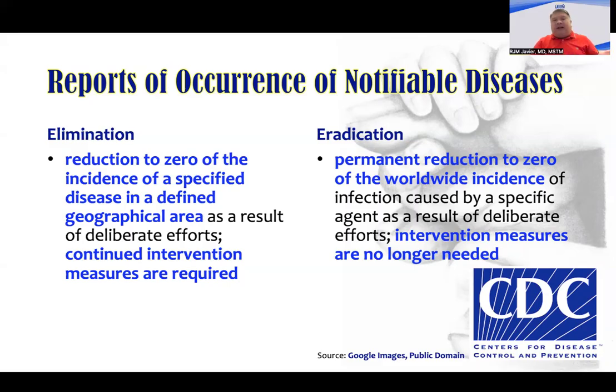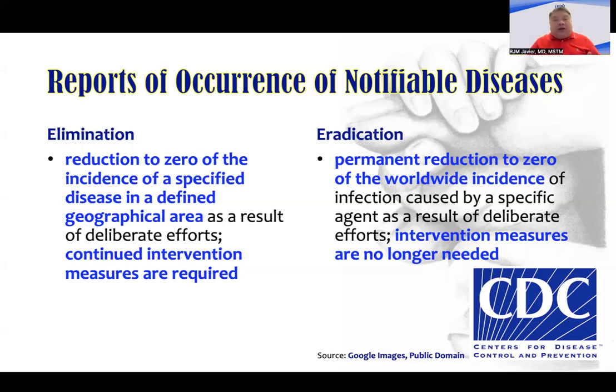So, what's the difference between elimination and eradication? Both will yield zero incidence. The main difference, as defined by the Centers for Disease Prevention and Control, is that for elimination, you need to have deliberate efforts to maintain and sustain that zero incidence. Again, elimination refers to reduction to zero of the incidence of a specified disease in a defined geographical area as a result of deliberate efforts.